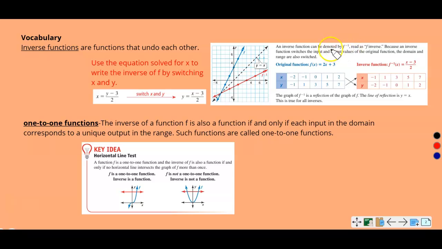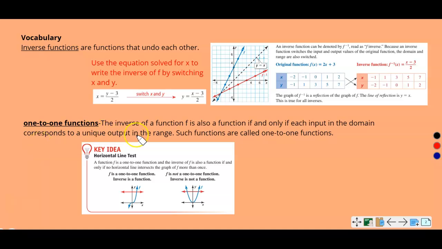The inverse function is denoted by f to the -1, or it may be g to the -1 or h to the -1, but you read that as f inverse, g inverse, h inverse, etc. So I know we've been working with exponents, but in this case, this is the notation for finding the inverse.